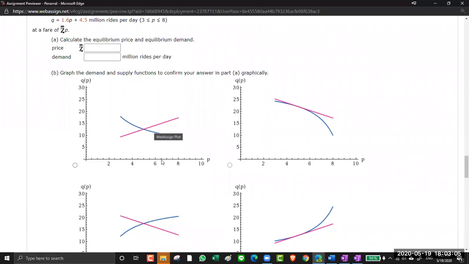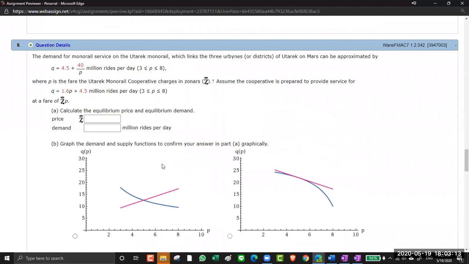Do you agree with that? Yeah, I agree. So 7 is here. Which is the supply? I guess the supply is the upward sloping one. So the supply is greater than the demand. Do you agree with that? Yes. So there should be a surplus, right?